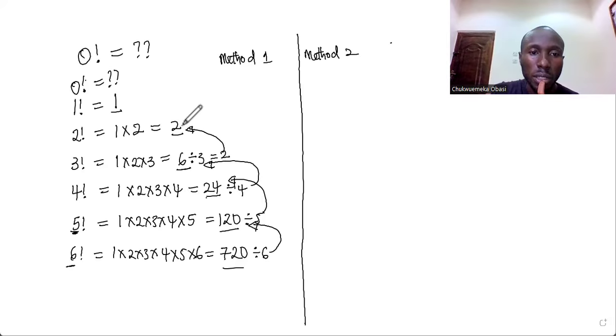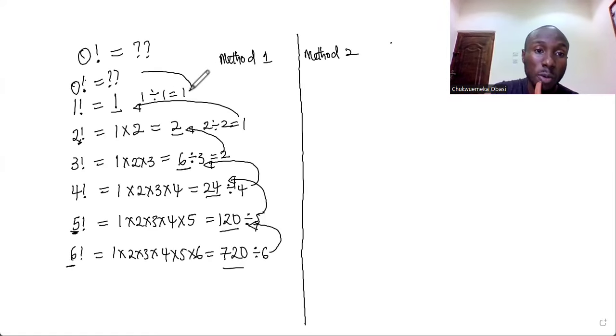Now, 2 divided by 2 will give us 1, and that's the result of 1 factorial. So to get 0 factorial, all we need to do is 1 divided by 1, which will still give us 1, and that is the result for 0 factorial. That is 1. So this is the first method.